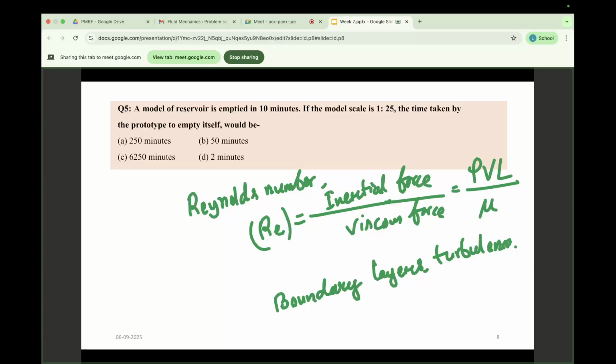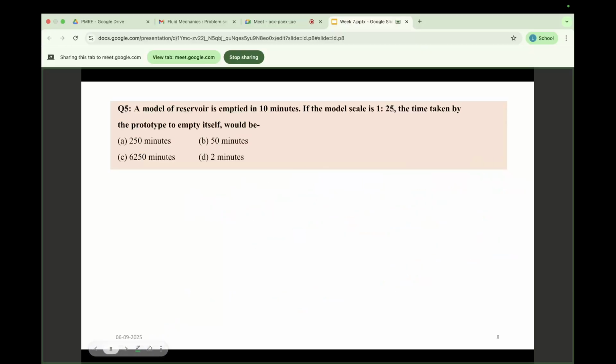Say 5 is the initial diameter, and next the diameter moved to 25. So now you are asked to find the velocity. Those types of questions can be asked. So that is the concept of this Reynolds number. Okay. So these two numbers are clear, I think.